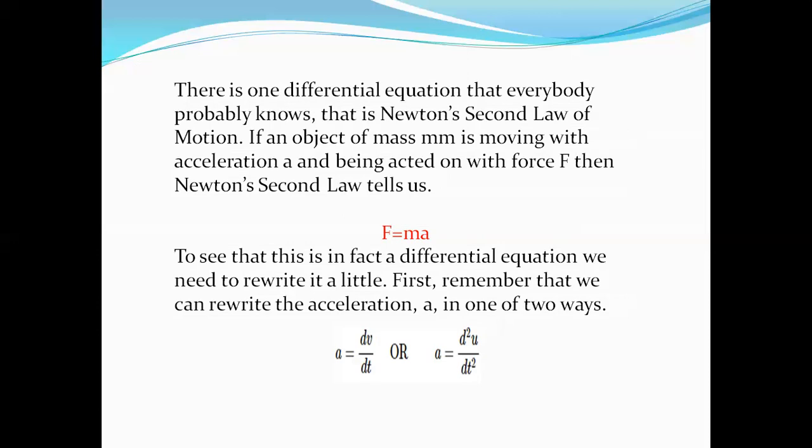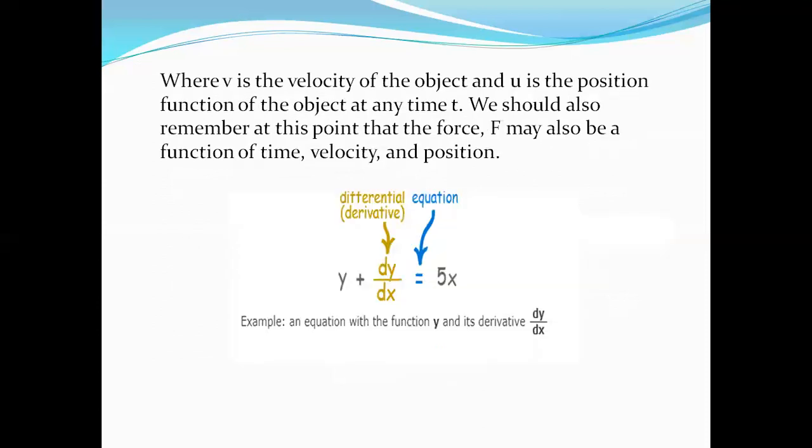First, remember that we can rewrite the acceleration a in one of two ways. अब जो acceleration है उसको हम two types से लिख सकते हैं. a is equal to dv by dt and a is equal to d2u by dt square, where v is the velocity of the object and u is the position function of the object at any time t.